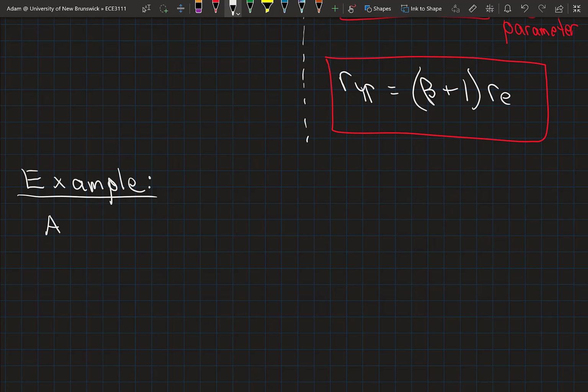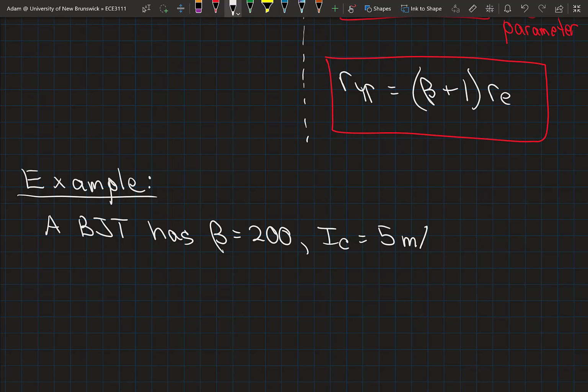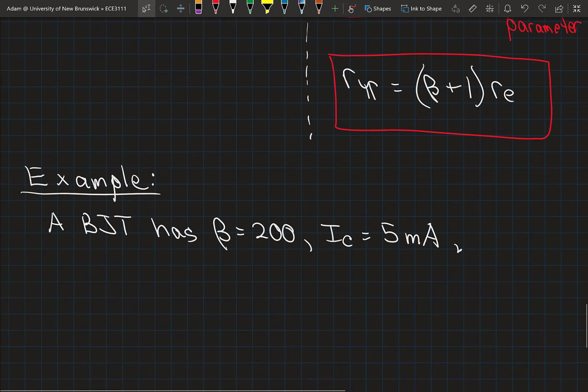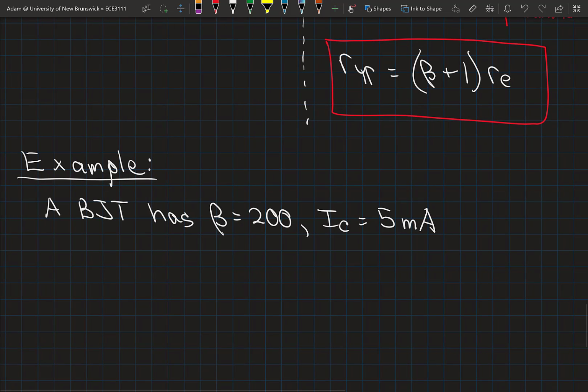I'm going to assume that's already been done here. So we have a BJT that has a common emitter current gain of 200 and, through some large signal analysis, it's discovered it has a collector current of 5 milliamps. We might also note from the data sheet of this device that it has an early voltage of 100 volts, let's say.